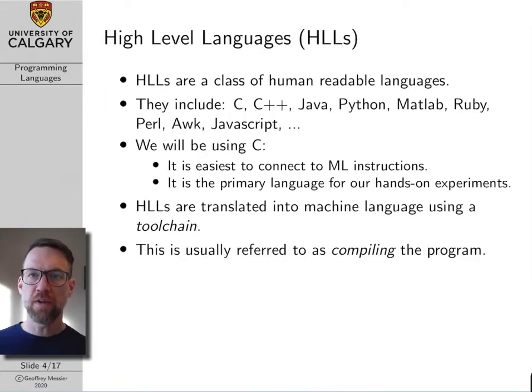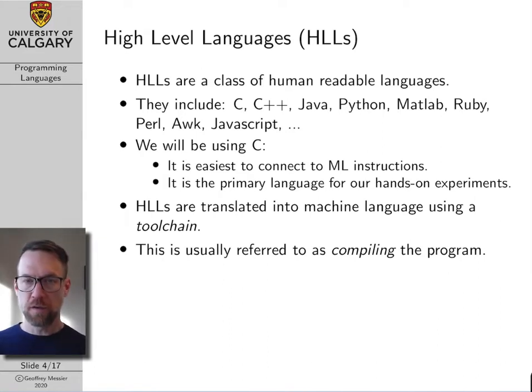Starting off with high-level languages, again, these are the languages that you are probably most familiar with at this point, and they include basically almost every programming language you can possibly name. C++, C, Perl, Python, Ruby, MATLAB, awk, JavaScript, Java. All of these things are considered high-level programming languages.